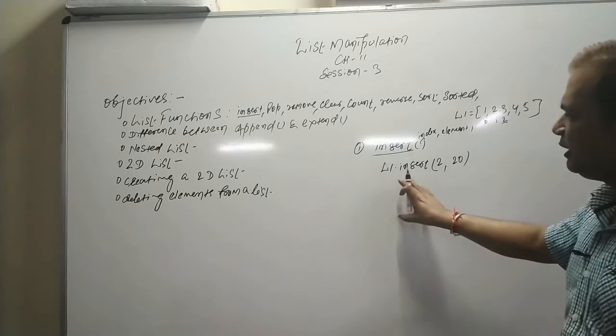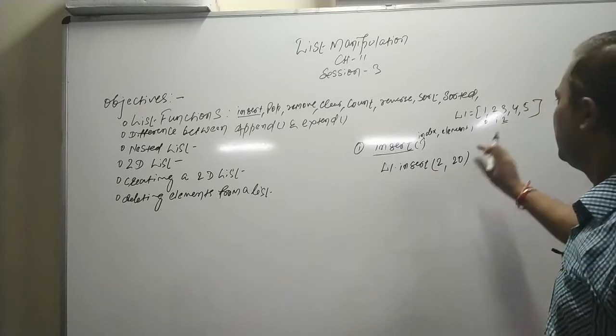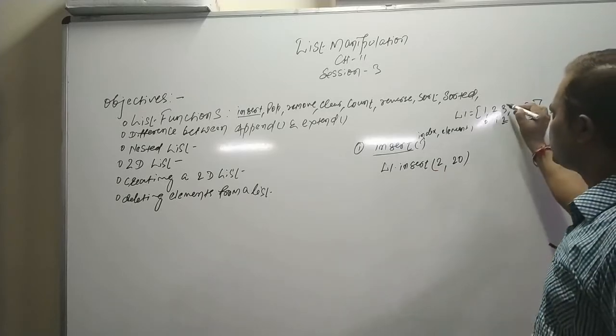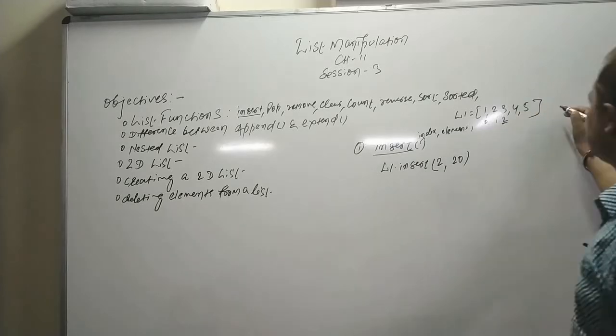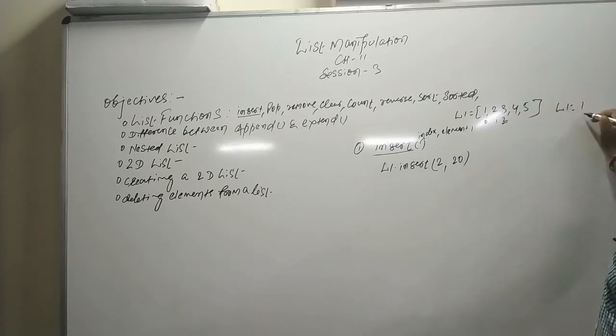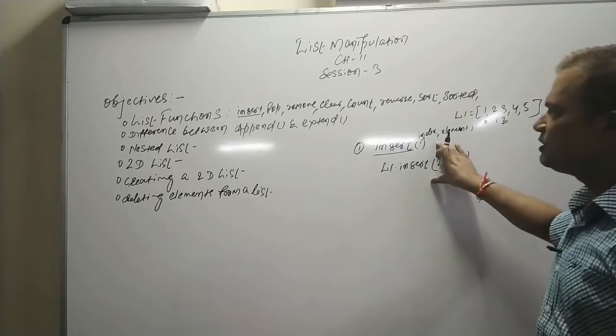Once someone uses L1 dot insert, in brackets 2 comma 20, it means at the second position, which currently holds 3, 20 will be inserted. So your final list will be 1, 2, then 20, then 3, 4, 5. This is how insertion takes place.